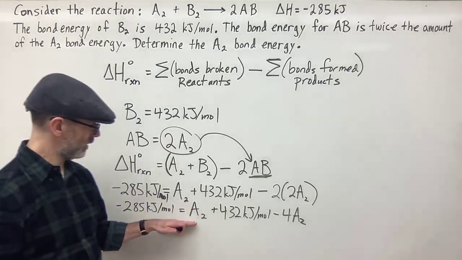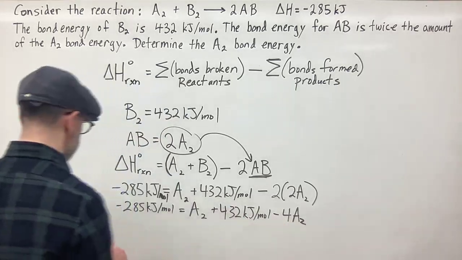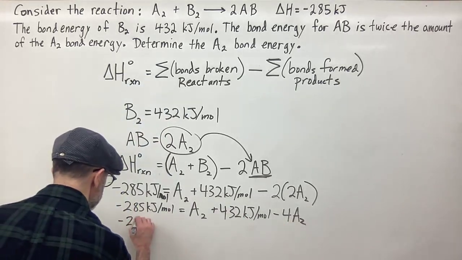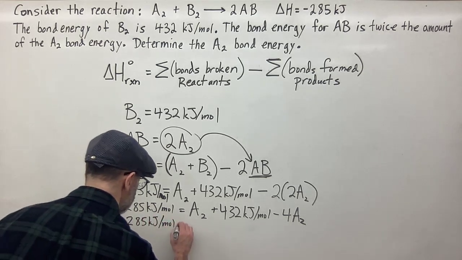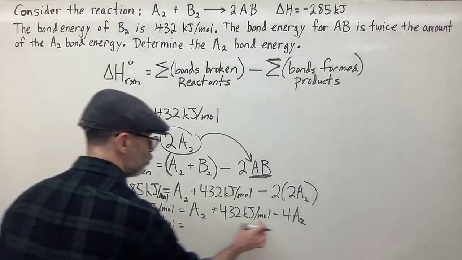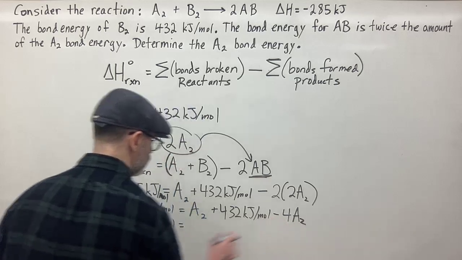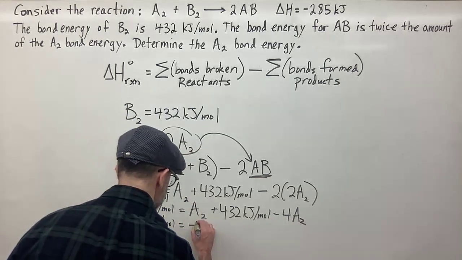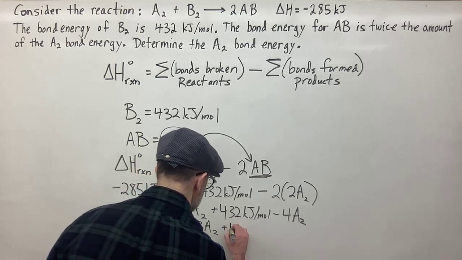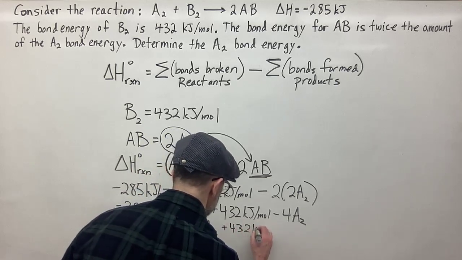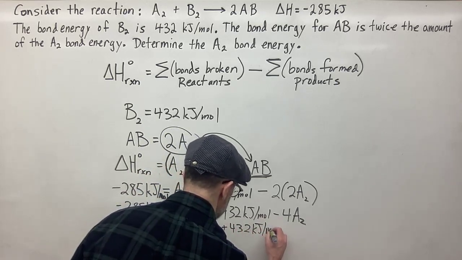Now I can add this A2 and this A2, so this is going to be negative 285 kilojoules per mole, and then A2 minus 4A2 is going to be a minus 3A2 plus 432 kilojoules per mole.